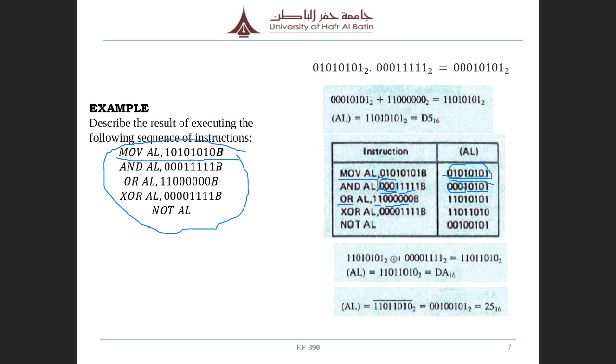Now if you do the OR operation, the zeros don't change the bits. It is 010101. What about these two bits? These two bits must be 1 because they are 1. Is that okay? OR operation, logical OR.